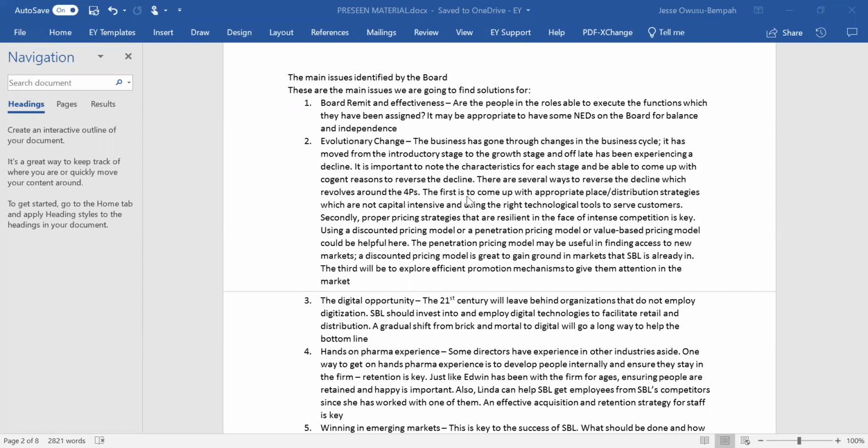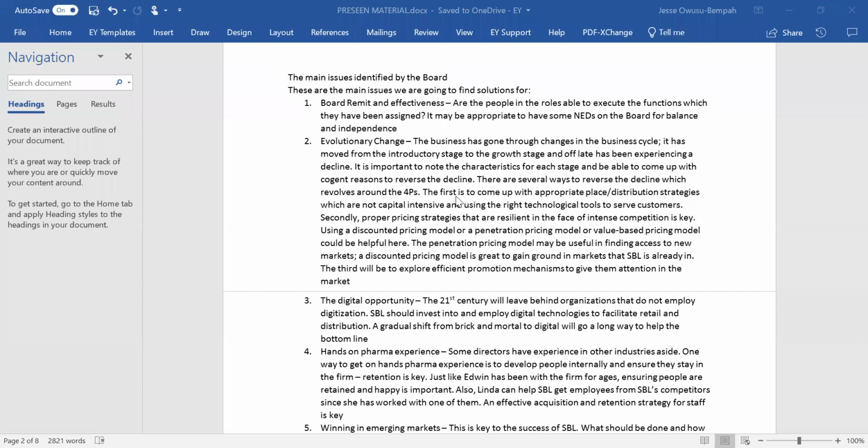One of the key things you need to always remember: if you are struggling with giving recommendations, if they are pinning you to the wall, always remember the 4 P's. If they are talking about evolutionary change, where? Is it in terms of their product, their place, their promotion, or their price? Where do they need to have changes?